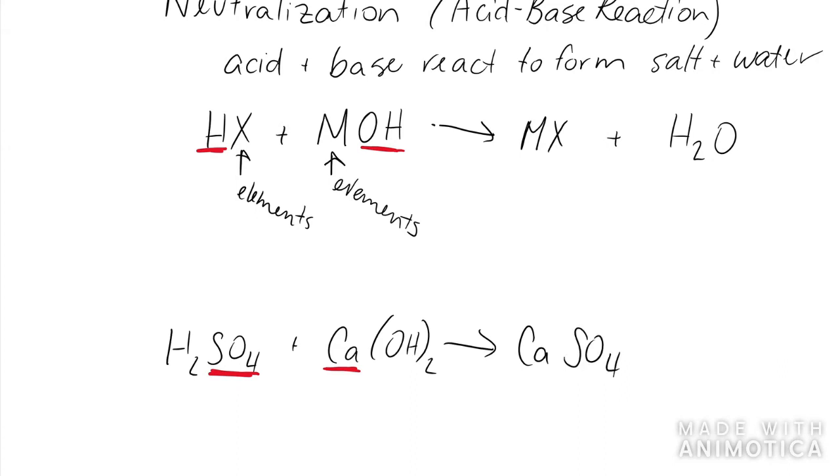Now we look at the charges. Our sulfate has a charge of 2 minus, our calcium has a charge of 2 plus, so it's going to be a 1-to-1 ratio. And then we have OH and H, which will come together to form our water.